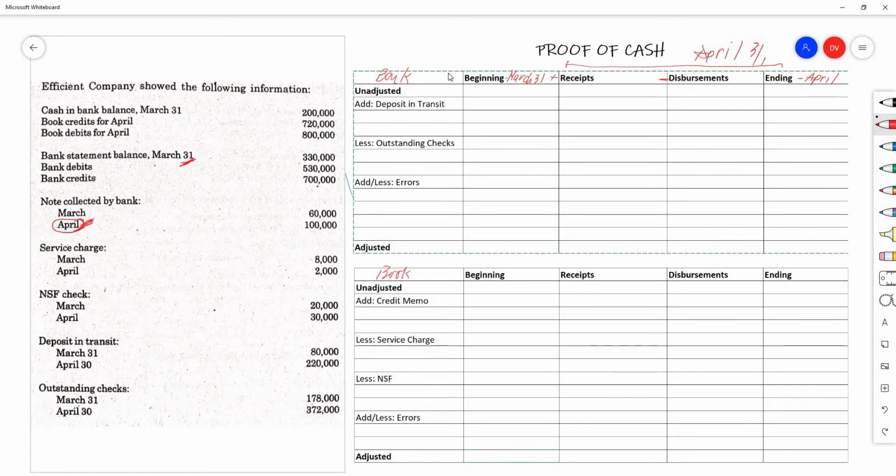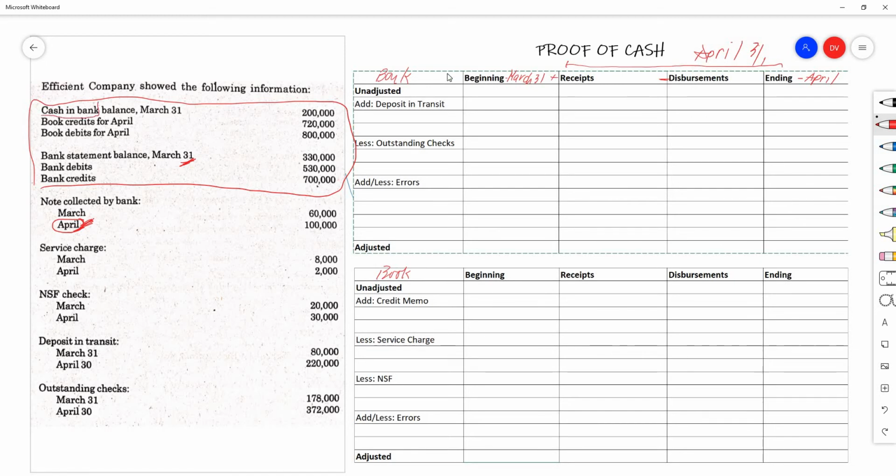Okay? So, let's see. We check first with the book, ba, dun sa information na andito. Ito yung una nating i-compute. And then later on, we go to the reconciling items. Now, we first go with the unadjusted cash balance in March 31. Cash in bank balance. So, sir, ano yung cash in bank balance? Ito ba ay bank balance? Not necessarily. Sino ba ang nagme-maintain ng cash in bank account?